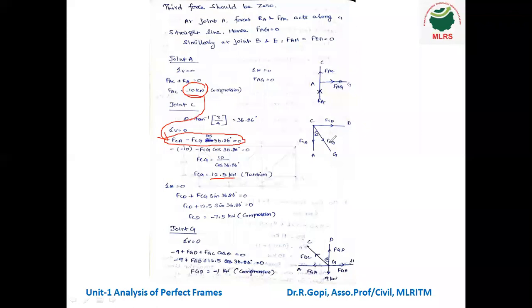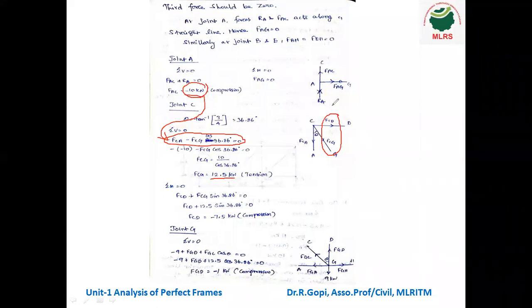Next, summation of H. Summation of H means we have to consider only horizontal loads. What are the horizontal loads there? One is FCD and FCG. FCD is moving from C from left to right. You can see here the arrow, CD is left to right. So it is plus. And also FCG into sine 36.86 degrees. So FCD plus FCG sine 36.86 degrees.